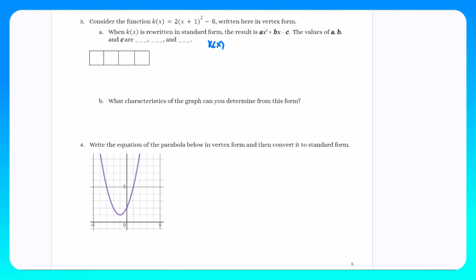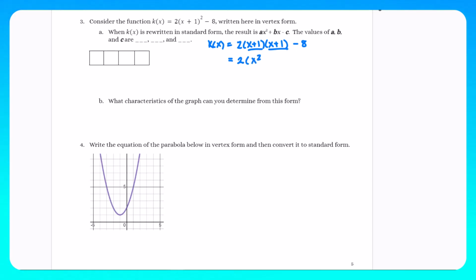So k of x equals 2 times x plus 1 times x plus 1, oops, no longer squared. We got to remove that. Let's take that away. There we go. And then we're going to subtract 8. Well, foiling that out, we're going to leave this 2, but we're going to FOIL this term with this term.